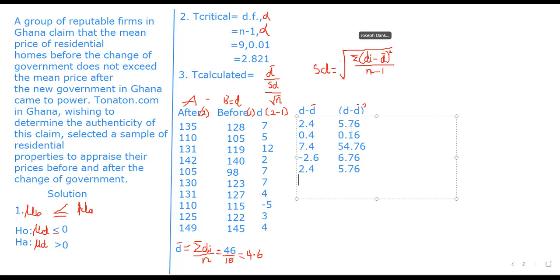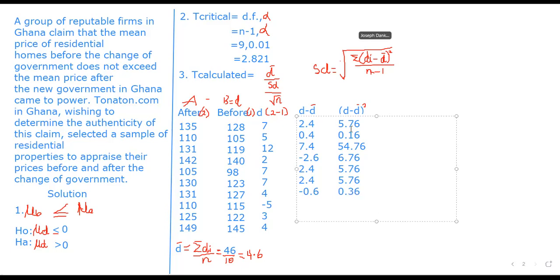Same for this, 2.4. The next one you get negative 0.6, square it, you get 0.36.